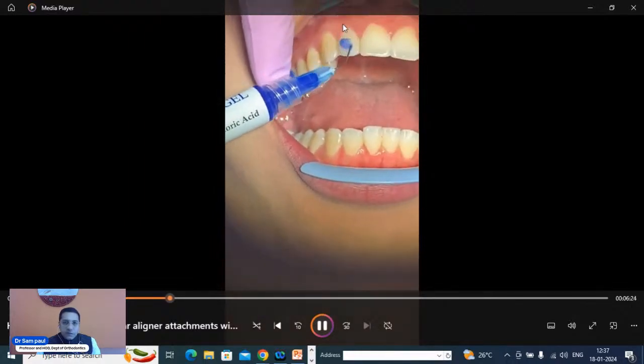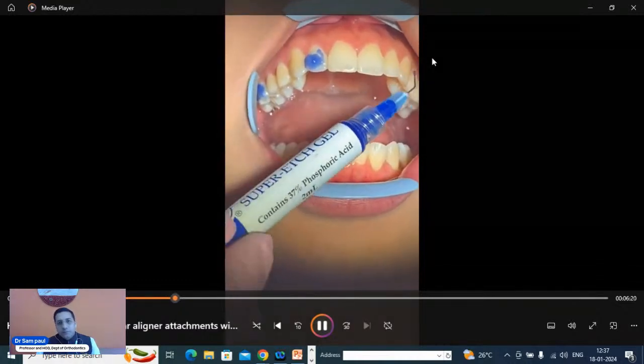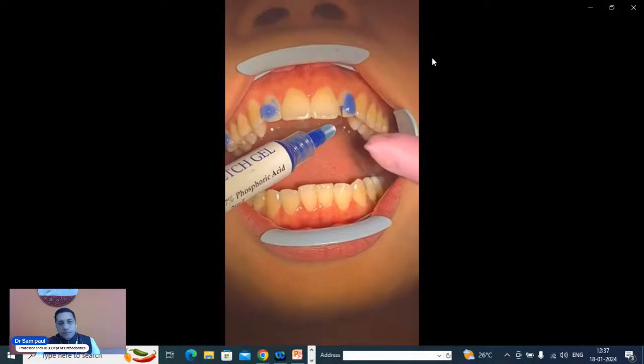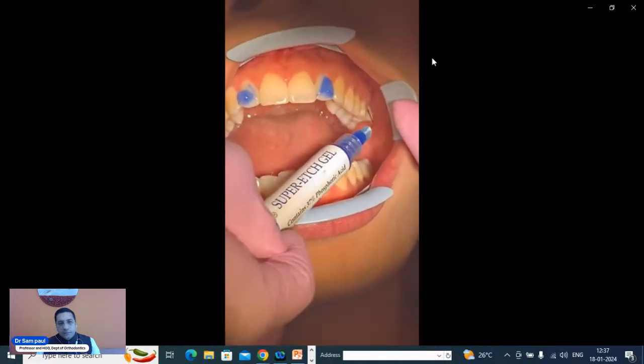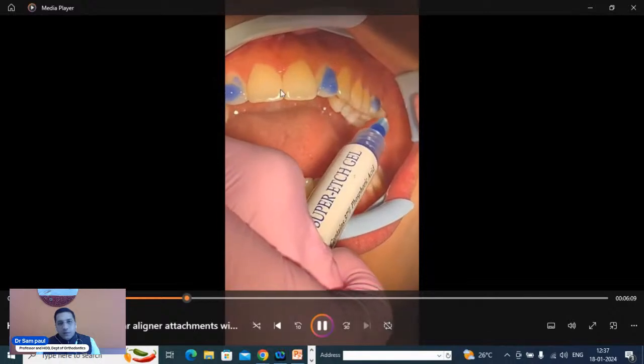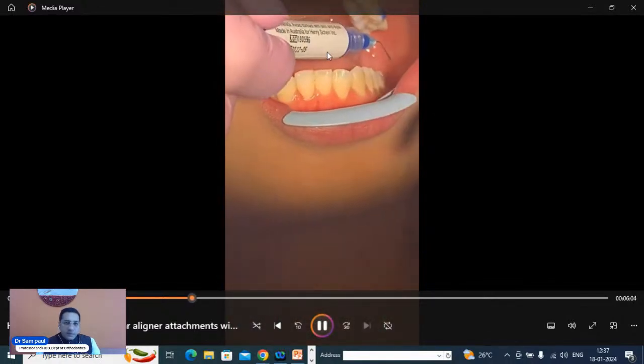This is 37% phosphoric acid. You etch only on those teeth which are indicated for placing the attachments.